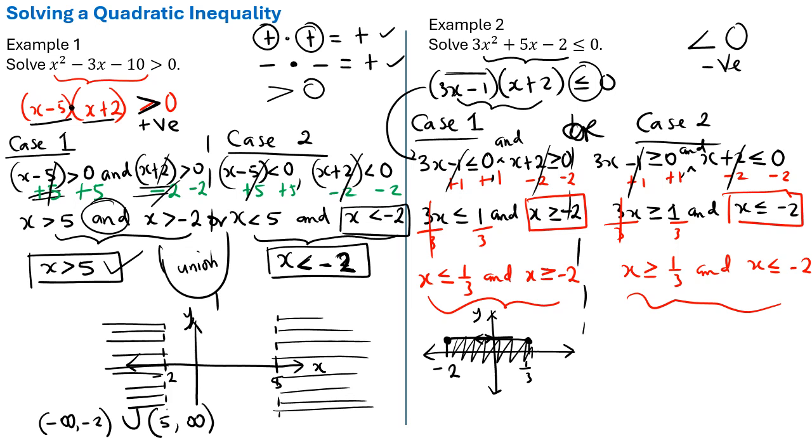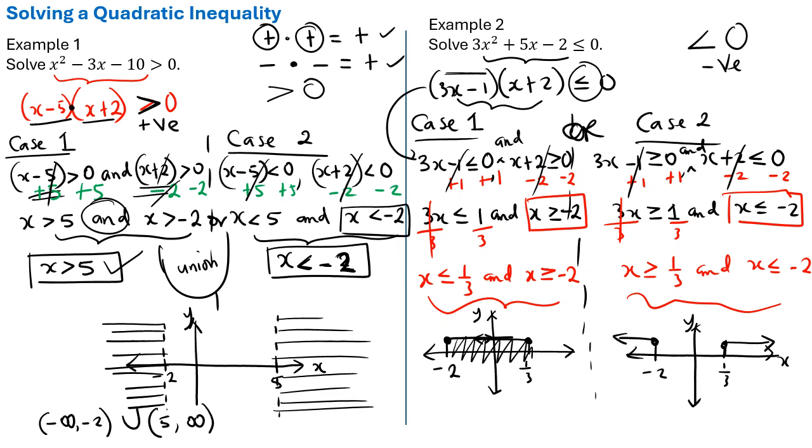But if you go to the second case and draw, let's see what that's saying. See if we can choose them or not. This is your y, this is your x. Looking at this, it says x is greater than 1/3, which means 1/3 is right here, and -2 is right here. Greater means all the way to the right, and lesser means all the way to the left.